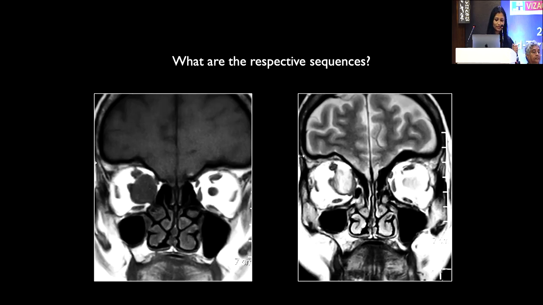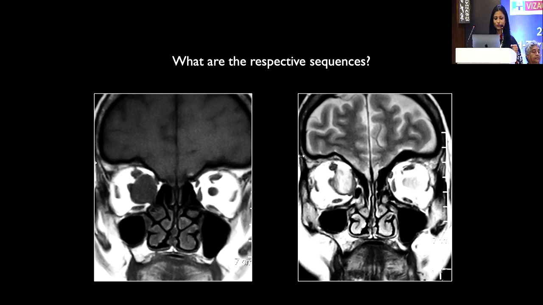Before going into the lesion itself, what are the respective sequences of these two MRIs? We as ophthalmologists know that vitreous is dark on T1 and vitreous is bright on T2. We know that, but we're not really used to looking at CSF. You're not used to looking at the brain.